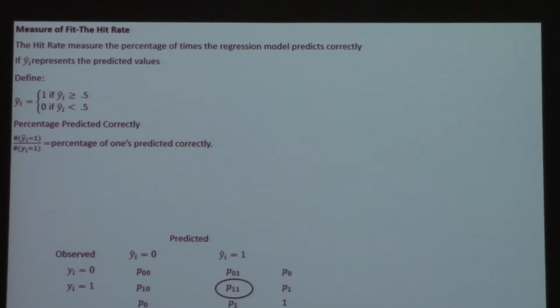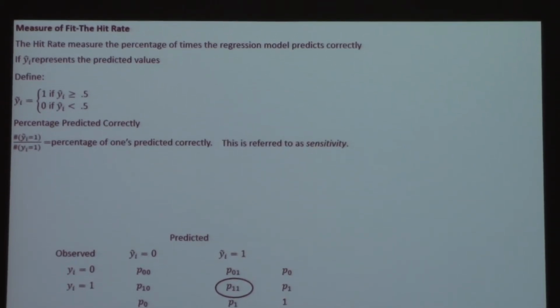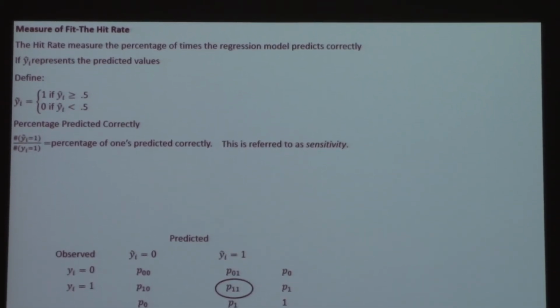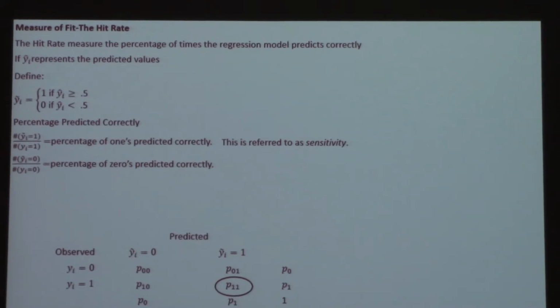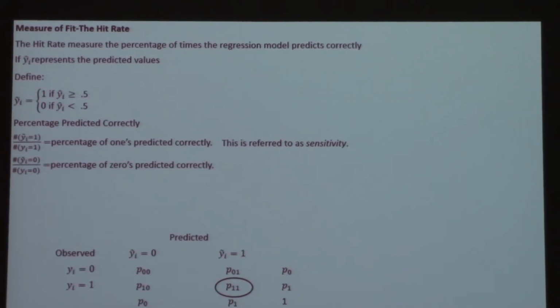And that would be in this table. We're going to have actual or observed zeros and ones, and then our predicted zeros and ones. So this is the percentage of people that actually purchased that were predicted to purchase. This is referred to as sensitivity. All right, then we're going to look at the zeros.